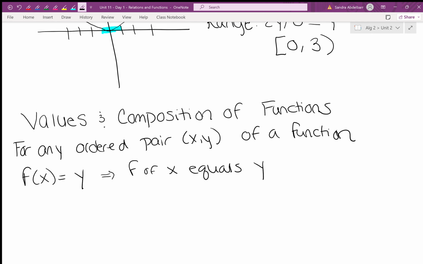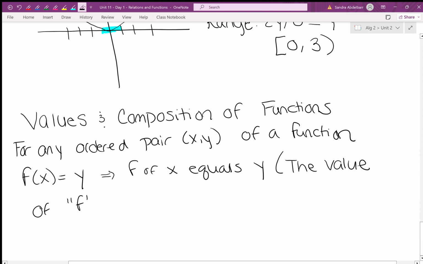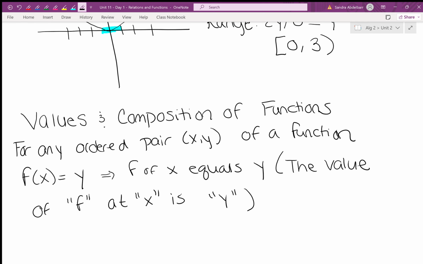What does this mean? It means the value of our function f at x is y. If I insert the x coordinate into whatever equation goes with the function, then I can figure out the corresponding y coordinate.